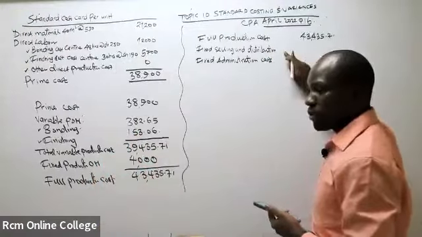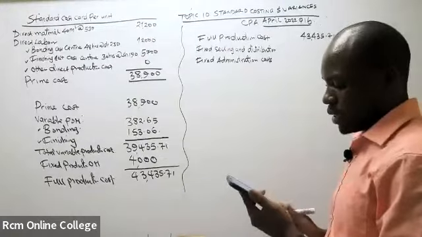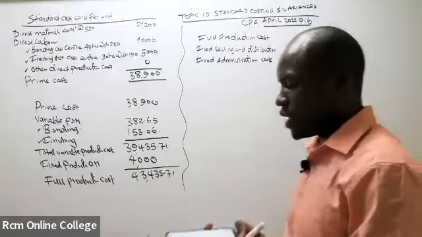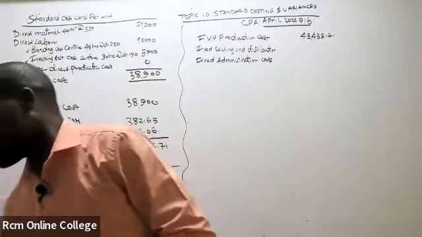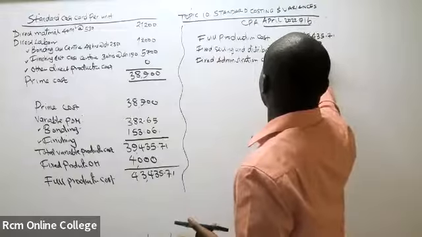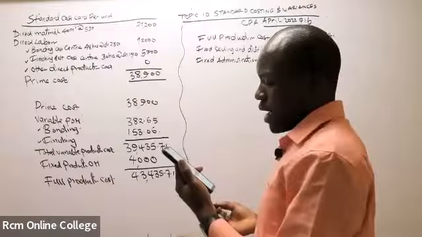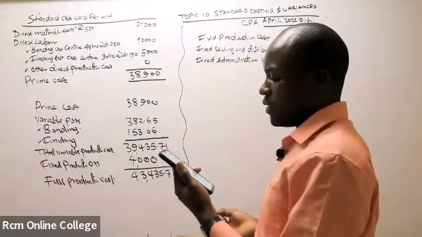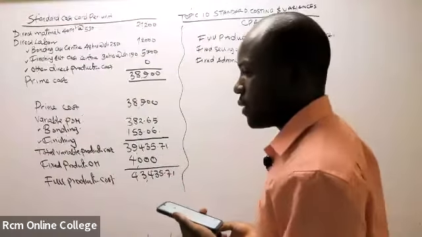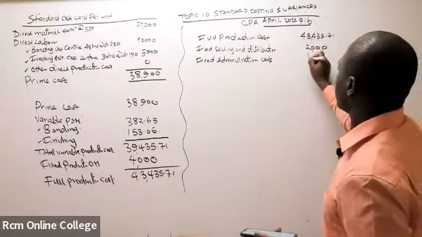So let's get this one here. Per unit itakuwa ngapi? Per unit, when you take 19,600,000 divided by 9,800, tunapata ngapi? 2,000. When we take 9,800,000 divided by 9,800, tunapata ngapi? 1,000.